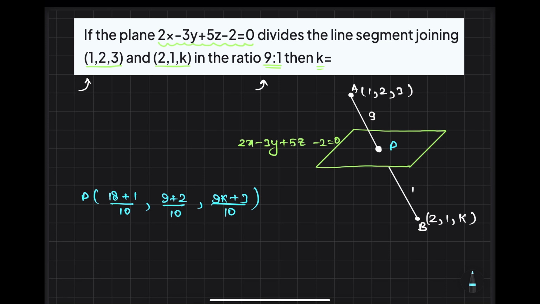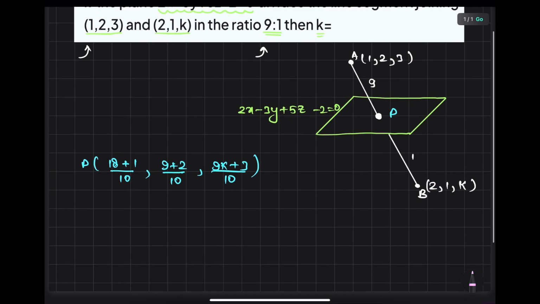Now, don't you think that this point P is lying on the plane? Correct? If the point P is lying on the plane, it will satisfy the plane equation.